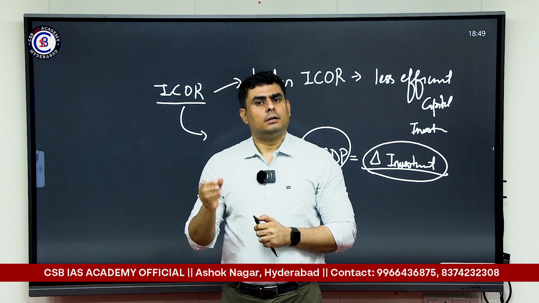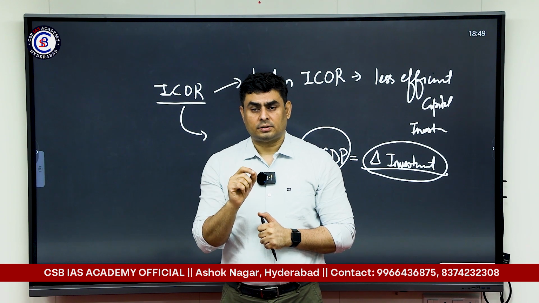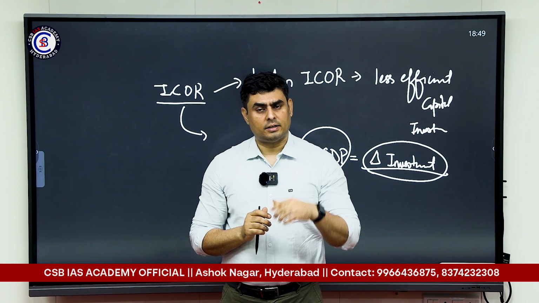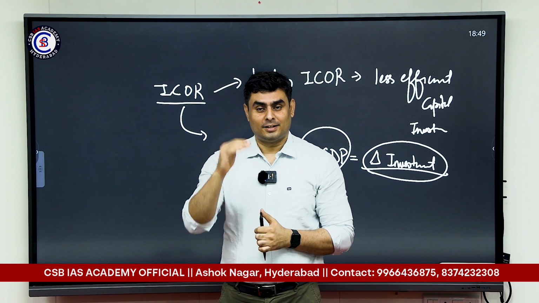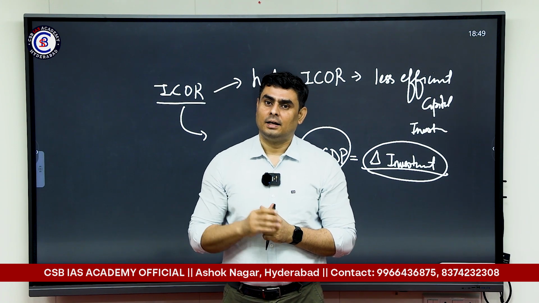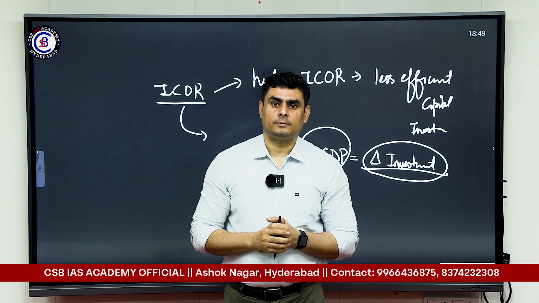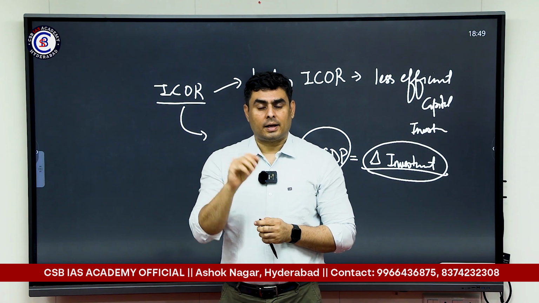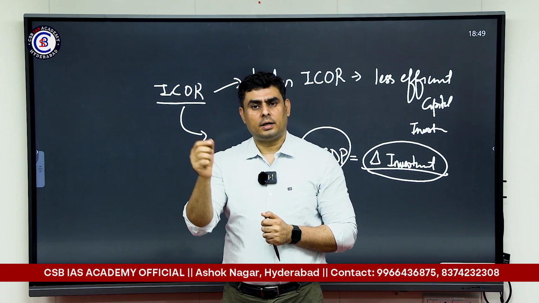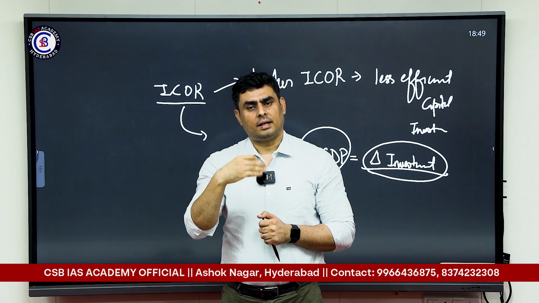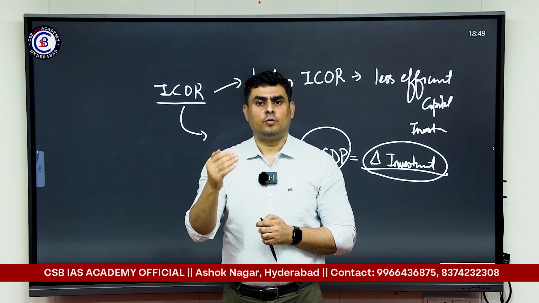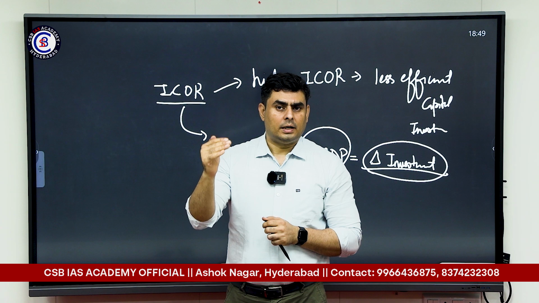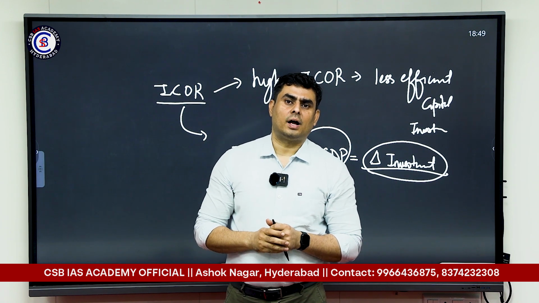If you compare, their ICOR is much lower than India's incremental capital to output ratio. So you can mention that in order to achieve a high GDP growth rate, India must increase its rate of investment and also focus on decreasing ICOR values.